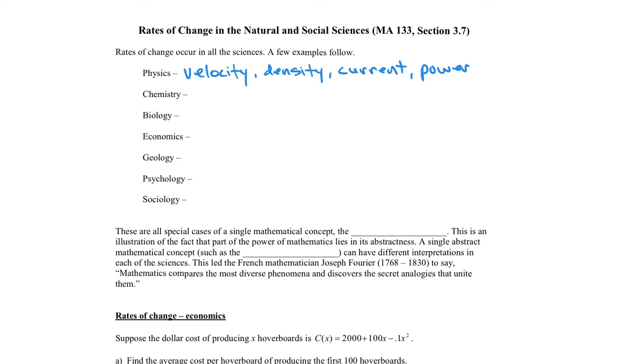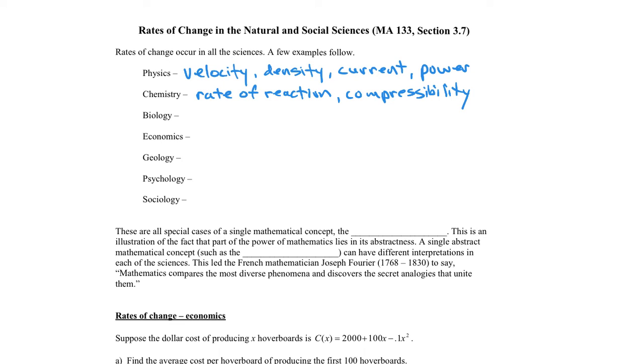Chemistry, we have rate of reaction. And compressibility. And there are others also. These are just some of the things that you may see if you study in these various fields.